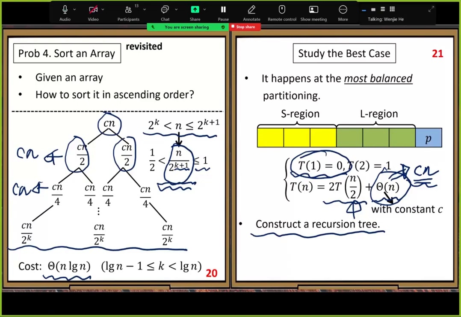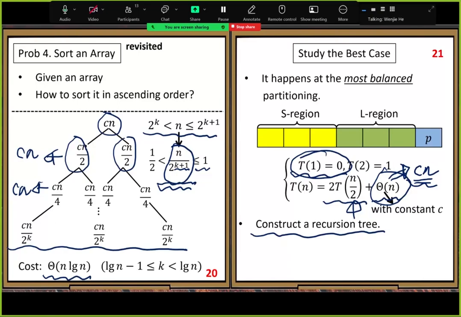Many times when you have a recurrence relation, you can use this way to estimate its total cost. It's easier than the mathematical computation. With the mathematical computation, you start with the special case where n is a power of 2 and make a guess.